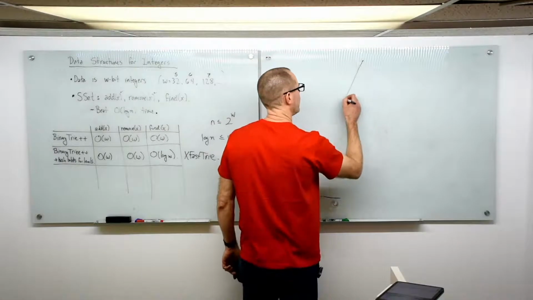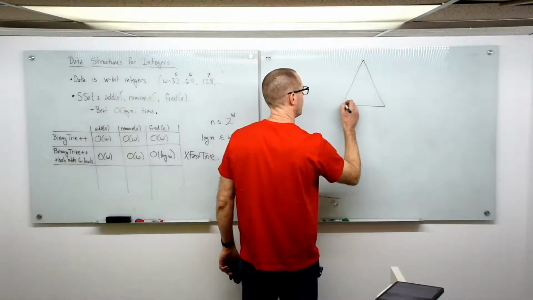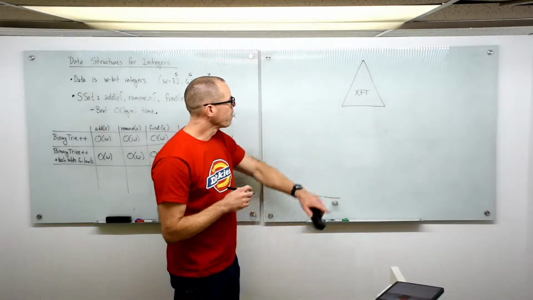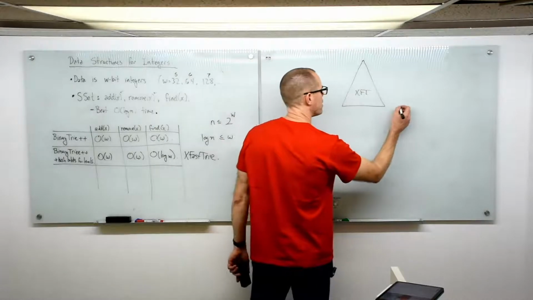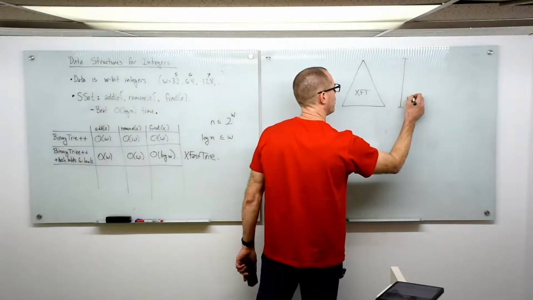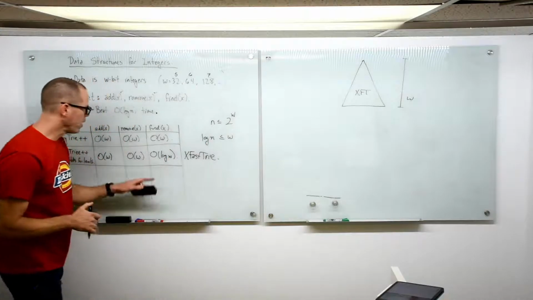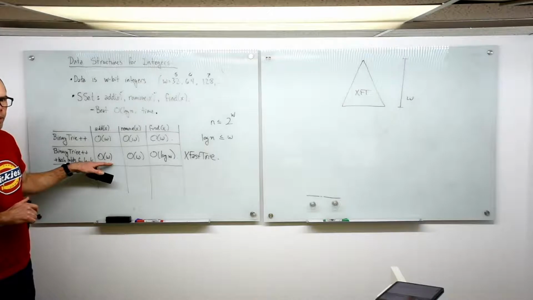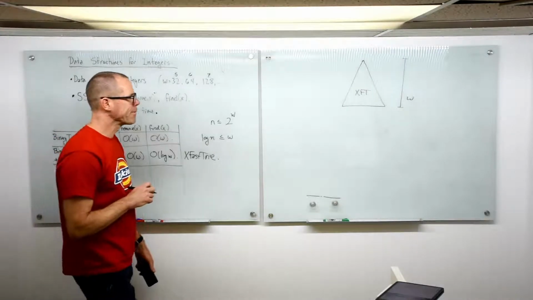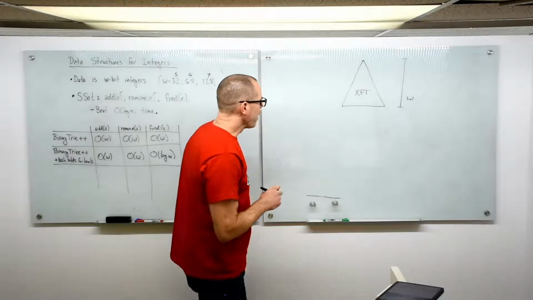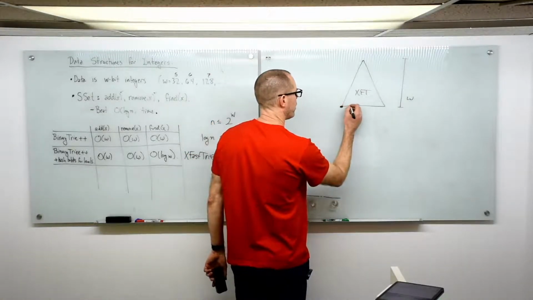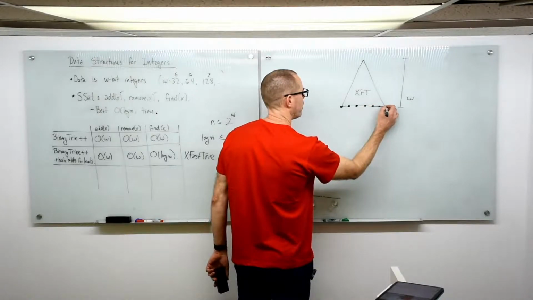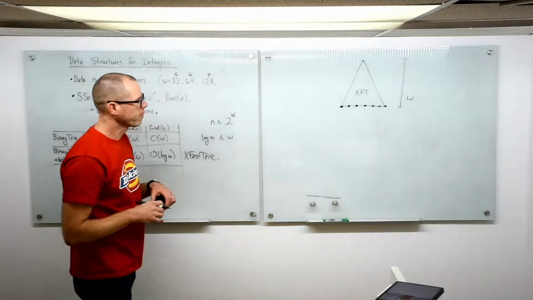So we know that we can make an XFast trie. That means its height is W. It can find things in log W time, but it can only add and remove in O of W time. So here's the plan. We put some of our data in the XFast trie, but not all of it.